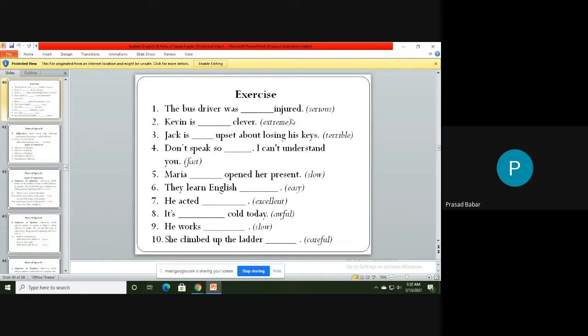There is no ly which can be added to fast, and that is why we can't call it fastly. We only call it fast, and it is an adverb. Fast itself is the adverb. So don't speak so fast, I can't understand you. This is the correct form.